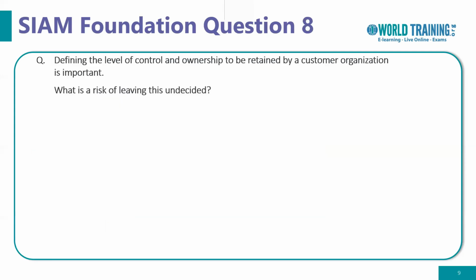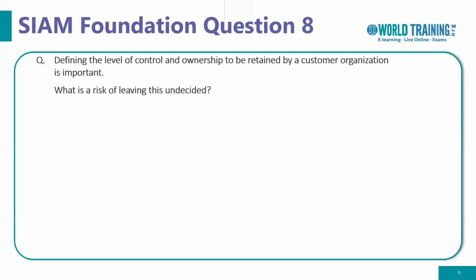Let's look at question number 8, right? This is again about defining the level of control and ownership to be retained by a customer organization. What is the risk of leaving this undecided? So obviously the level of control and ownership is required, but if we have not taken care of it, what can be a risk?